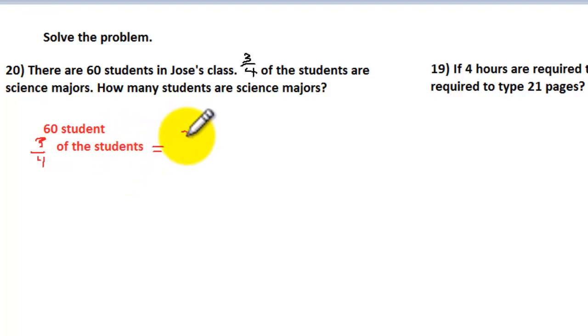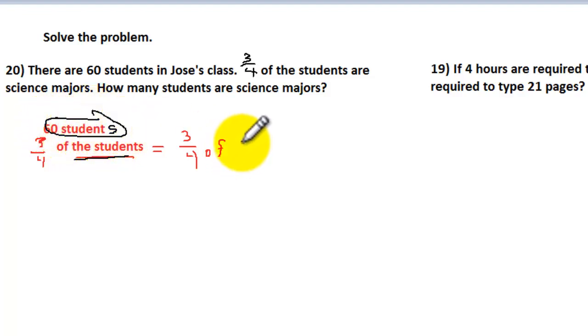So we could say 3/4 of the students, and we have that, 60 students. So this 60 students is here. 3/4 of the students, so 3/4 of 60 students. We know how many students there are.